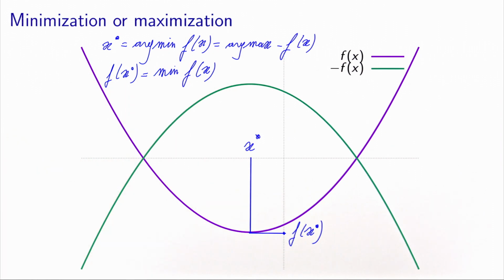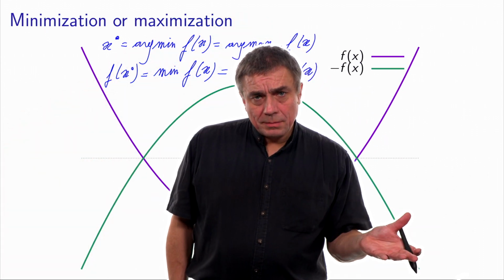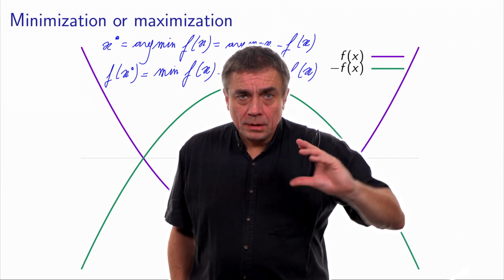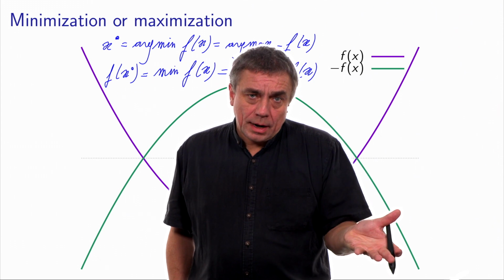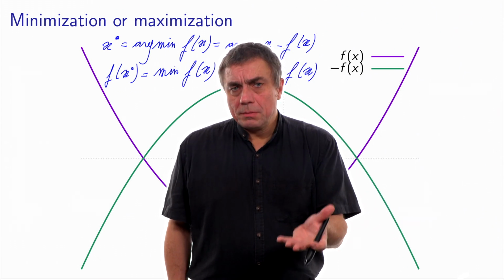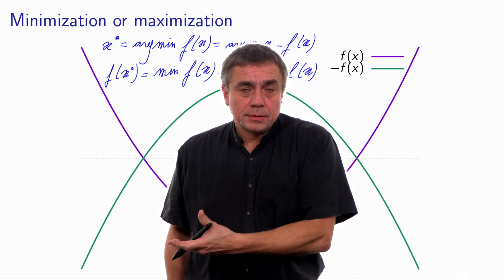And the value of this optimum, of course, has a different sign. So this is easy. If I have a maximization problem and actually I want to use a software that minimizes the function, I just change the sign and the optimal solution will be exactly the same, and the optimal value will be with a different sign.